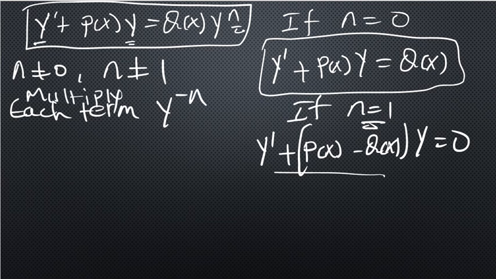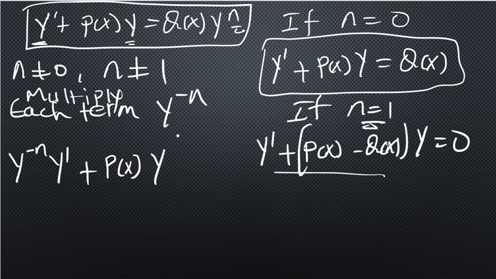The first term is going to be y to the power of negative n times y derivative, plus p of x times y to the power of negative n plus 1. This exponent is 1, so when you multiply, the exponents are added because the bases are the same. So 1 plus negative n will be 1 minus n.